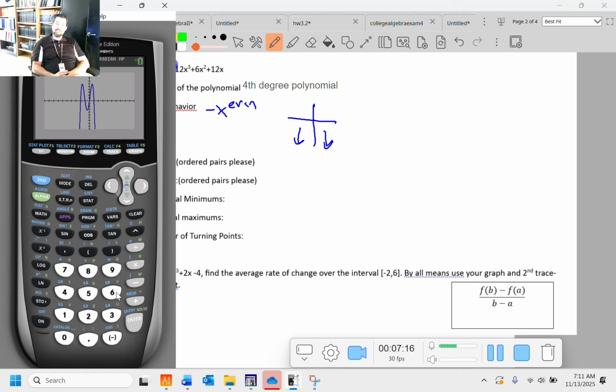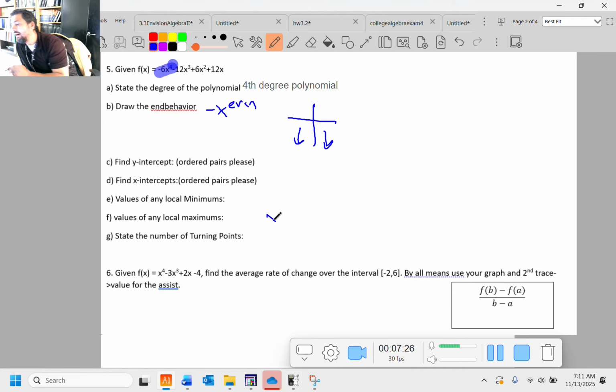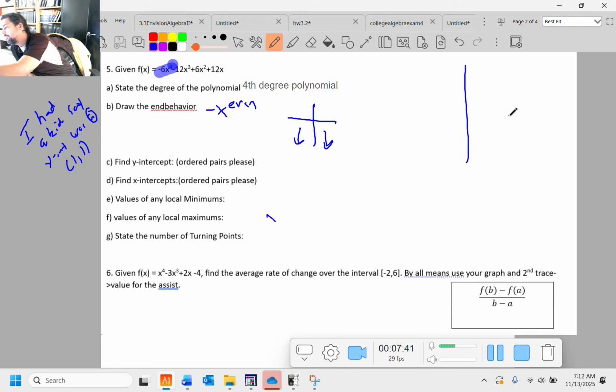Looky there. She started low and she ended low. You can see that. She clearly starts low and she clearly ends low. I had a kid say the y-intercept was at 1, 1.